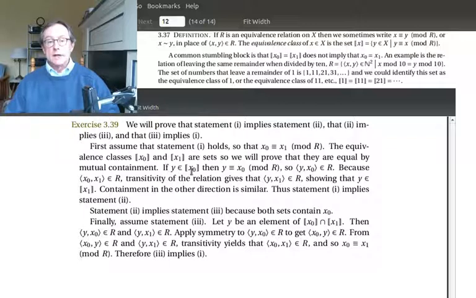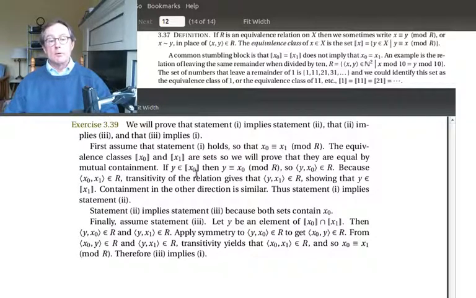So if y is an element of the first, then by definition of equivalence class, y is equivalent to x naught. So again, by definition of what equivalent to x naught with respect to the relation means, the pair y comma x naught is an element of R. And again, if you're saying to yourself, I want this touchstone example, so you're thinking that square brackets x naught, we'll call that square brackets 1.